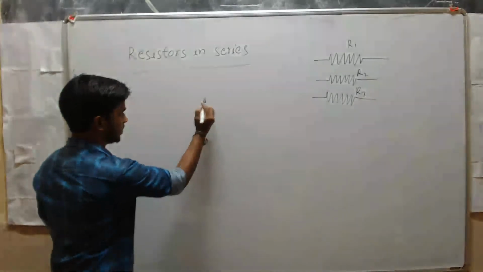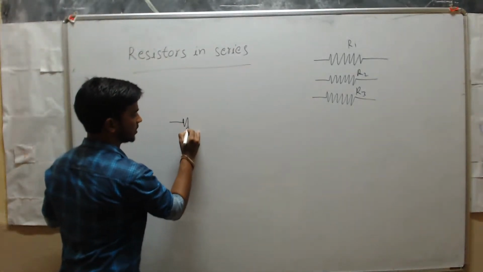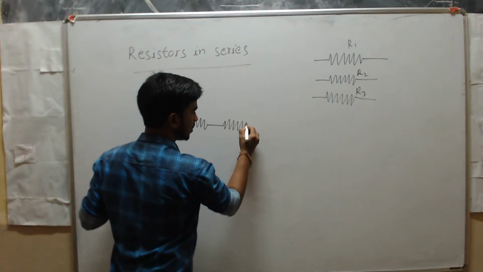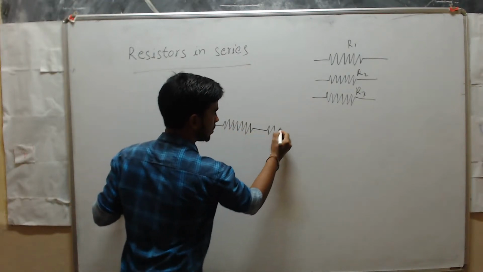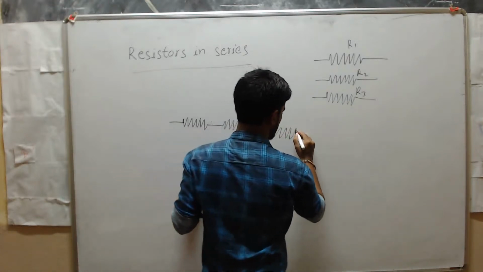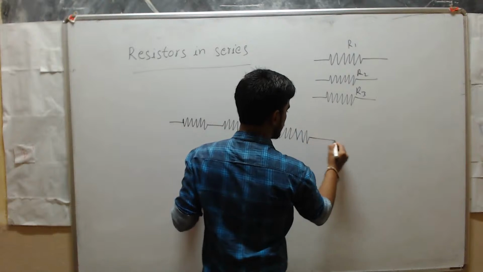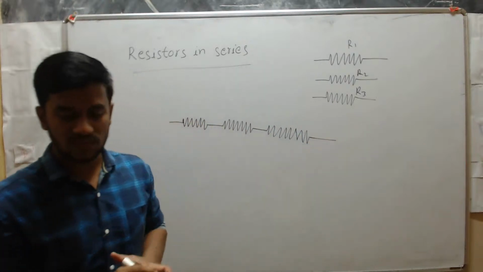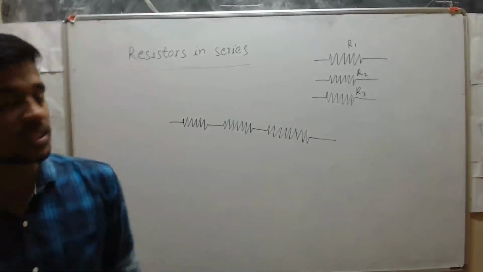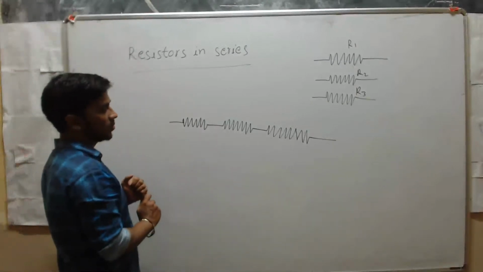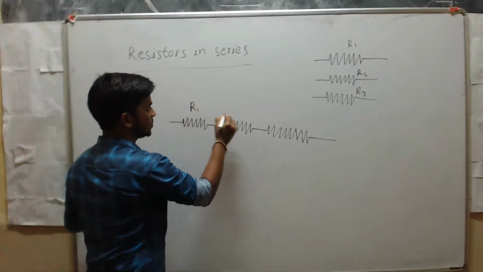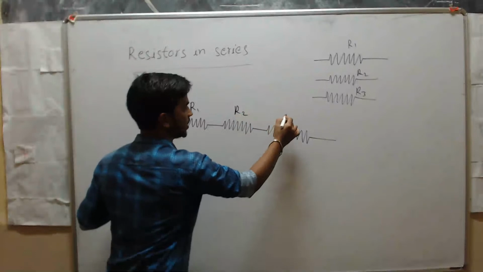For example, now I will connect those resistors like this. See here I have joined the ends of the resistors. So now we can say that these three resistors are in series.